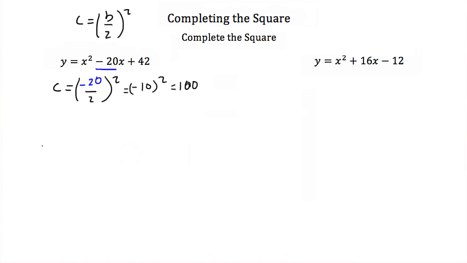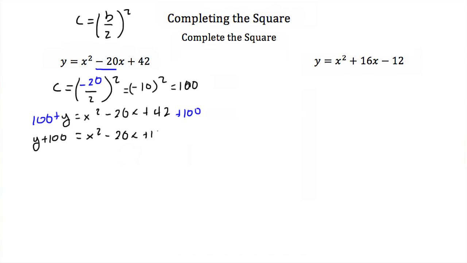So what we're going to do is take y is equal to x squared minus 20x plus 42, and we're going to add 100 to both sides. If we do that, we'll get y plus 100 is equal to x squared minus 20x plus 100 plus 42.